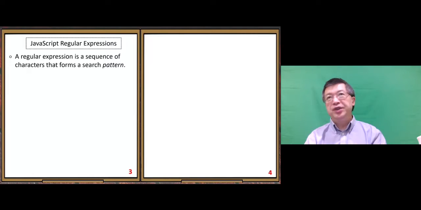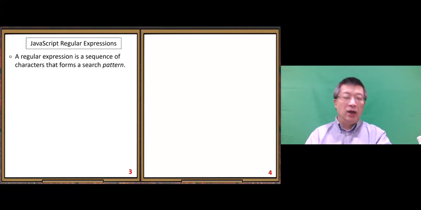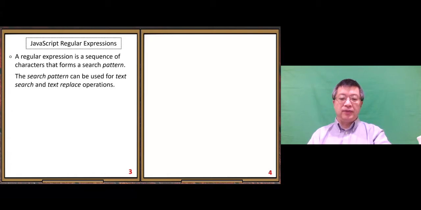For beginners, you need to get some experience to get used to it. If you have that Unix background, if you took that class, 2750, you should have a pretty good background for this regular expression part. Now, let's look at the syntax.